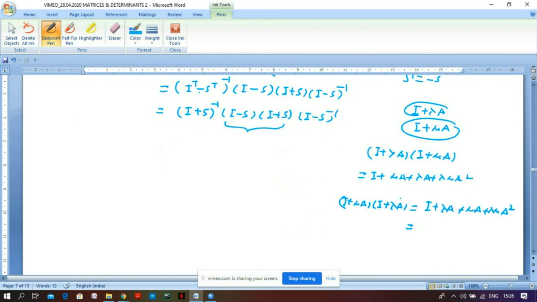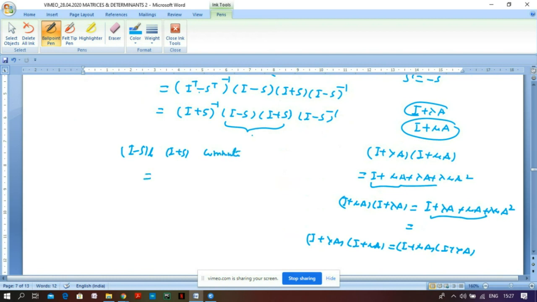So you are finding that these two are indeed equal, and so we have proved that I plus lambda A times I plus mu A equals I plus mu A times I plus lambda A. So we are just choosing here lambda is 1, mu is negative 1. So I minus S and I plus S commute.